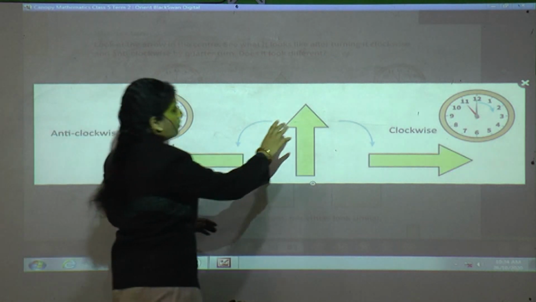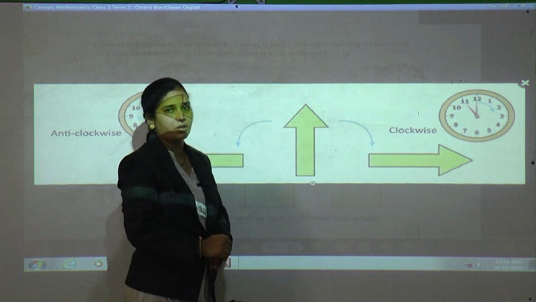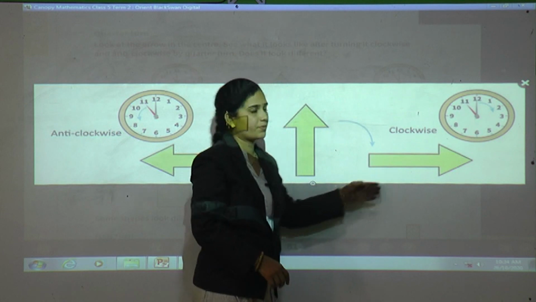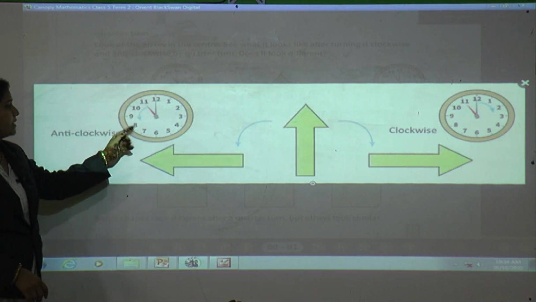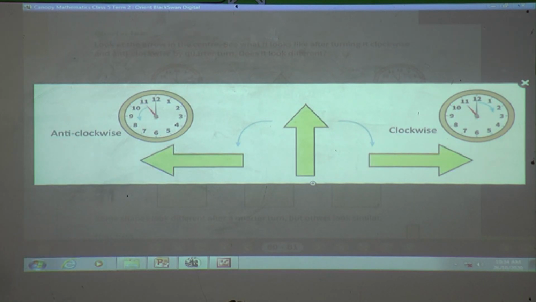See, when this arrow makes a quarter turn clockwise, the arrow will look like this. Okay, and here in anti-clockwise the arrow will come here. So this is a quarter turn and half turn.